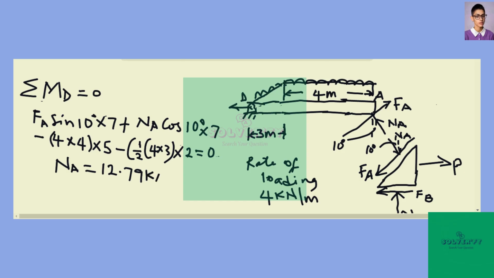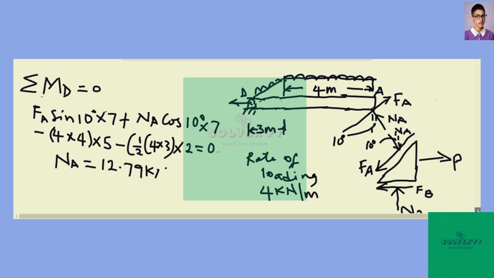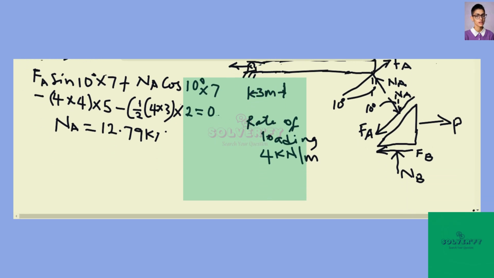kilonewton. Now, between the bottom of the beam and the top of the wedge, or the top of the support, you can take your conditions of equilibrium, the summation of the vertical forces, which gives you 0.